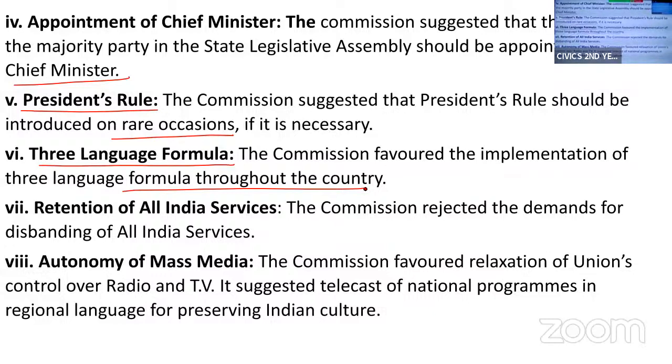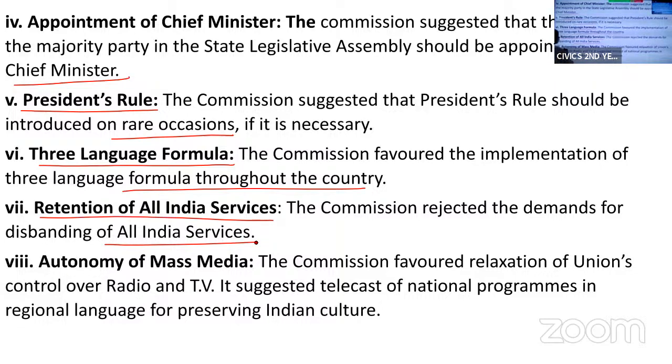So there is 3-language formula which has to be implemented throughout the country. Then there was a proposal of abolishing all India services. The commission rejected that demand, and they said we should continue with the all India services. We should retain the all India services.